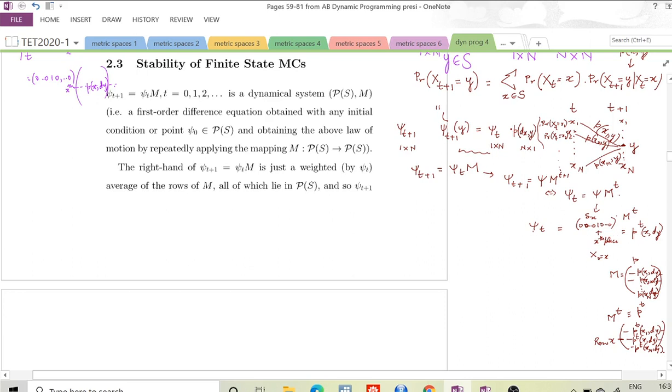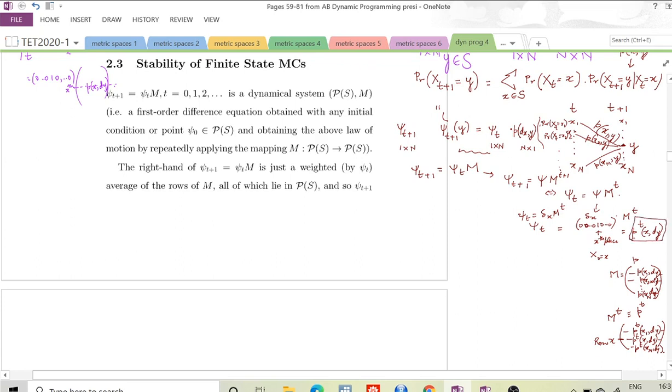Go back for one moment to this equation, ct is equal to delta x M raised to the t. What is happening on the left hand side are the probabilities that xt is occupying the different states y. And this is saying that those probabilities are equal to delta x times M raised to the t, which is equal to these.